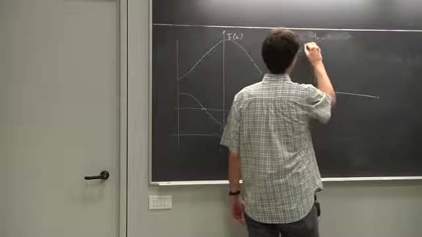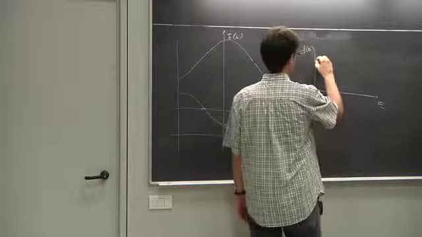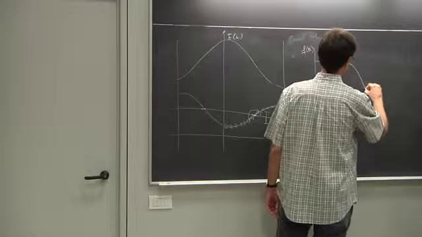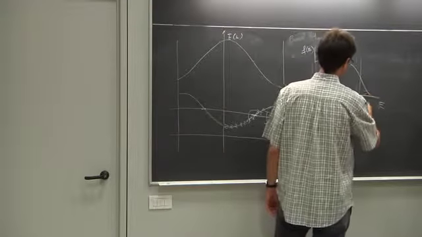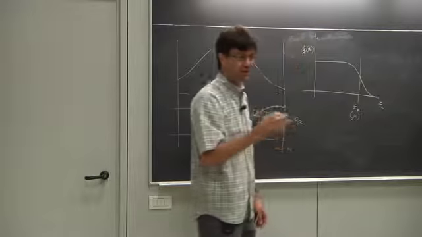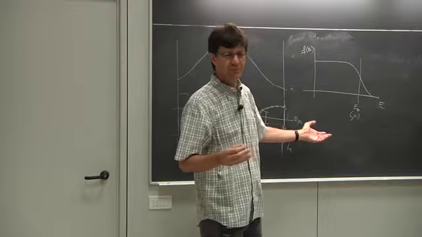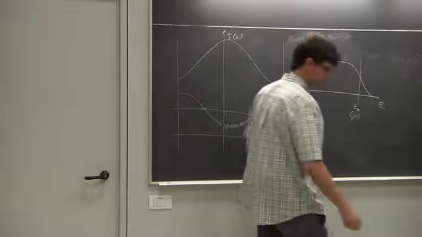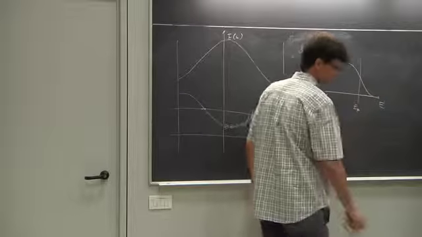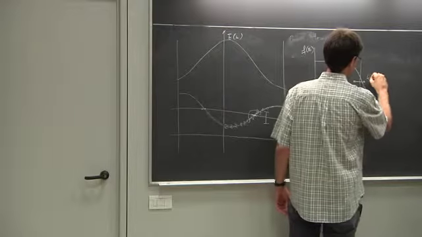If I now plot f of E as a function of E, the Fermi-Dirac distribution, this is what I call EF. You might have called it chemical potential. I don't know what kind of notation you use. EF, do you use EF? Okay, fine. And the broadening here is given by KBT.